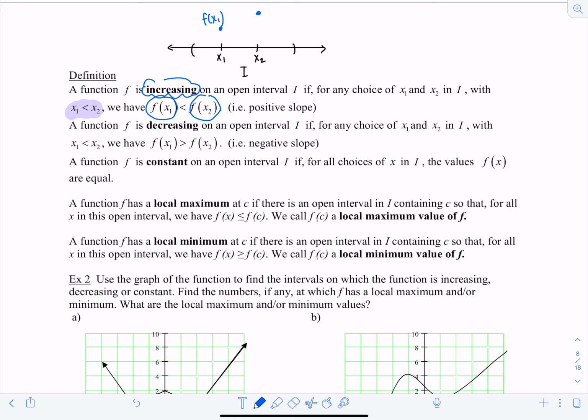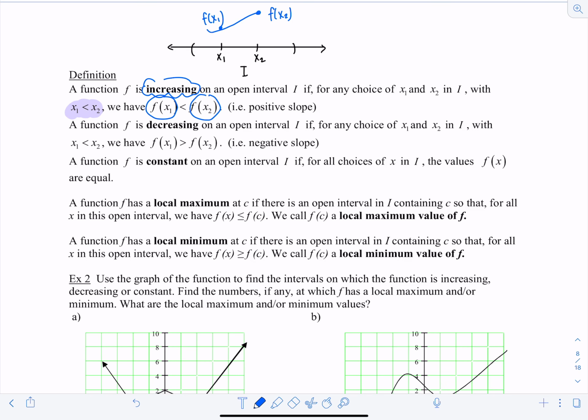So f of x2 would have to be bigger, up there, higher. And then doesn't that make sense that the function is increasing? It has a positive slope. It's not necessarily linear, but it's sloping upwards. It's increasing. That's what that definition tells us. Okay, that's the definition for increasing.